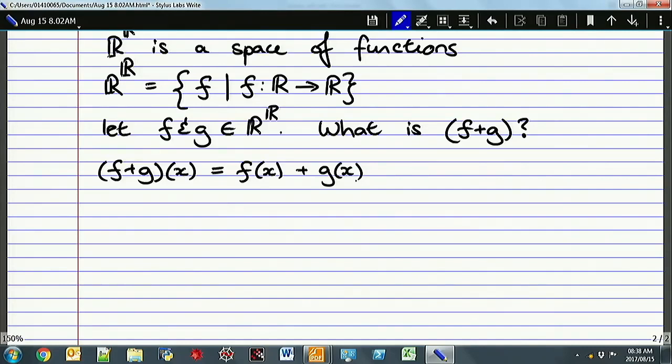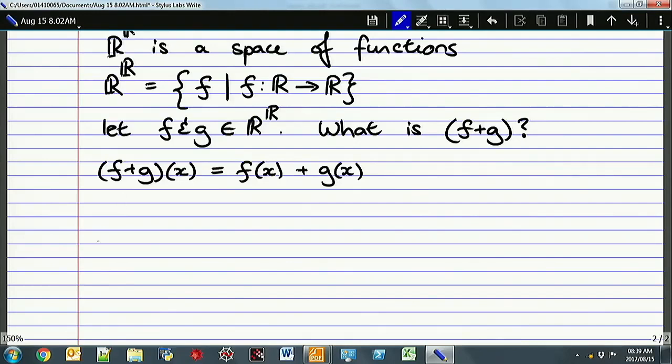So when we add those two outputs, we're just adding two real numbers, which means that f of x plus g of x must be a real number.